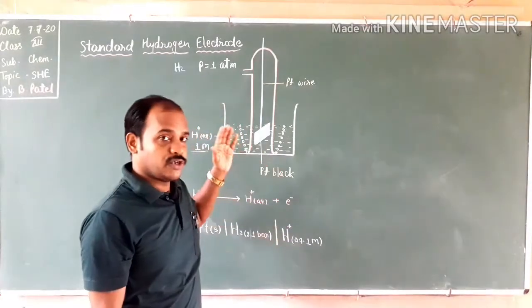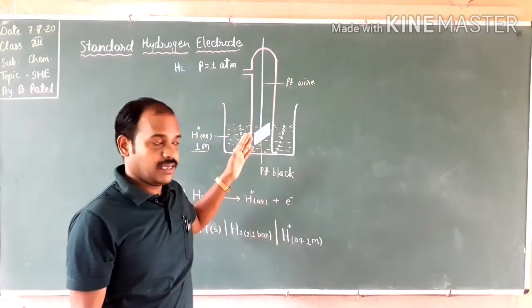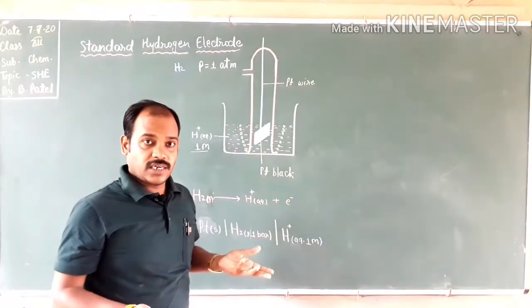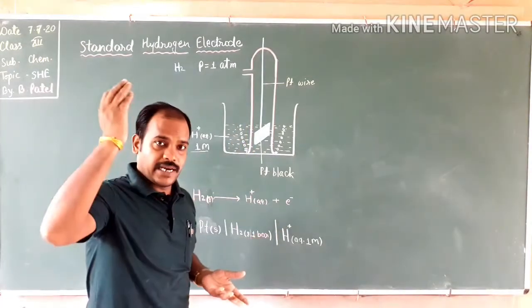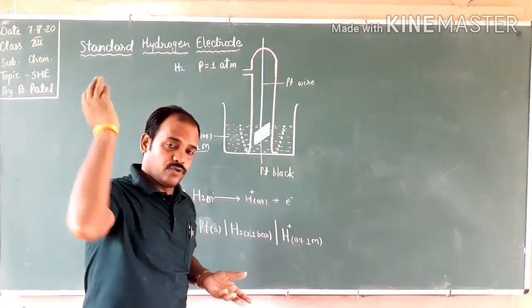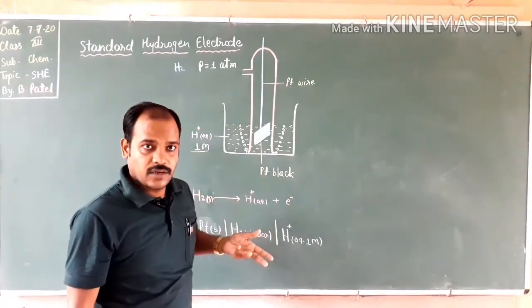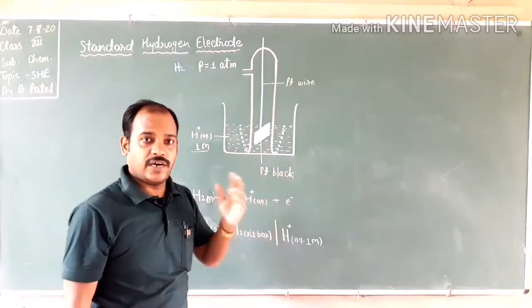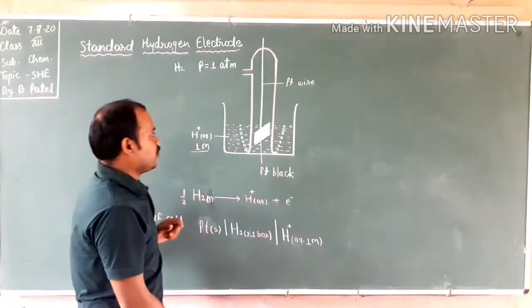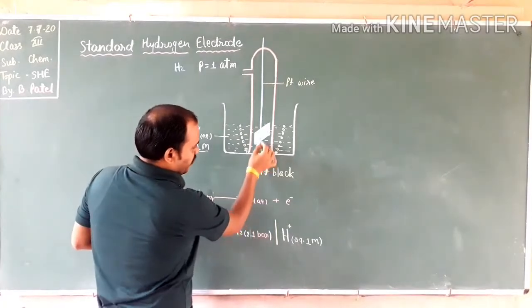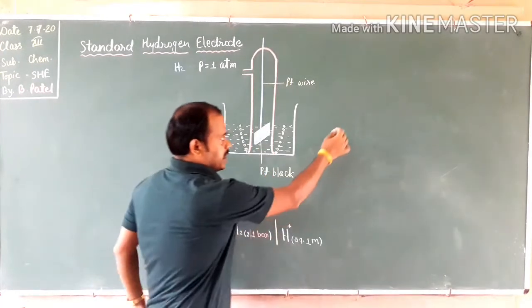Because if we are going to prepare an electrode of hydrogen, then electrode means what? Electrode means a metal or an element should be immersed in its solution. But hydrogen is a gas, so how can we prepare the electrode of hydrogen? To solve that problem, we will take platinum black, that is this.